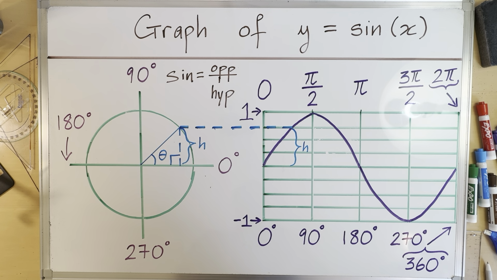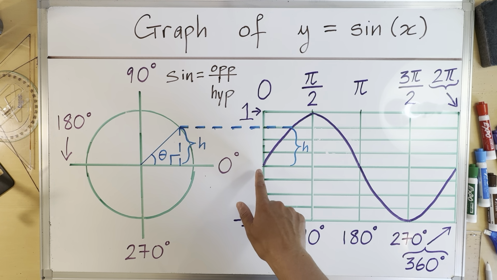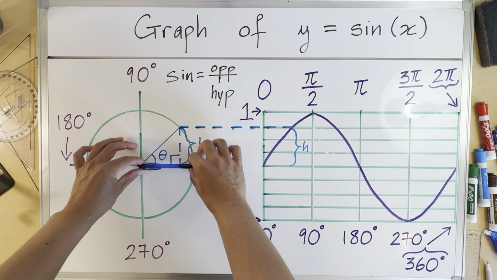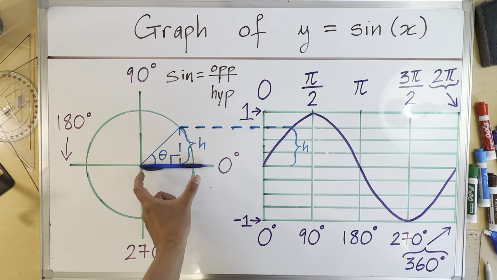And the reason why at 0 degrees, which is the same thing as 0 radians, the graph starts at 0, is because when you're here, there's basically no triangle at all. There is a hypotenuse.